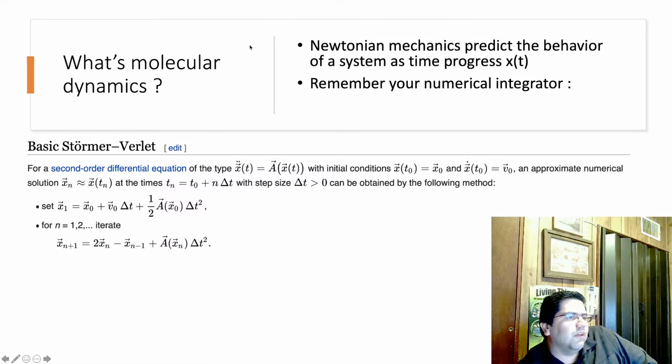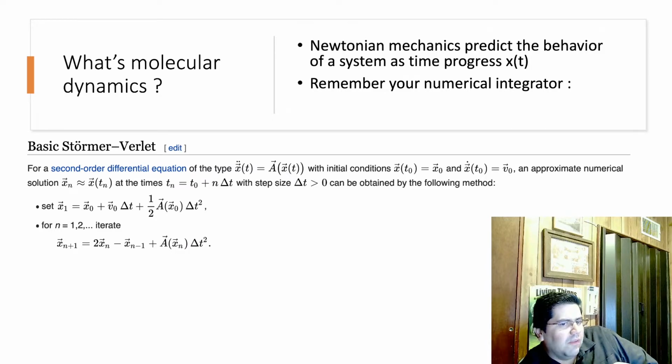Probably that's more when you're going to college, when you're going to Newtonian mechanics, and the equation is force equals mass times acceleration. You're going to notice that that's a second order differential equation. So there are different techniques or numerical methods that you can use to find the solution to differential equations.